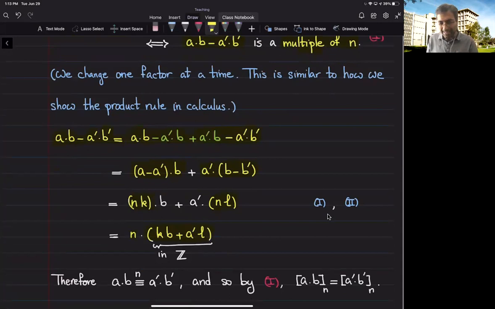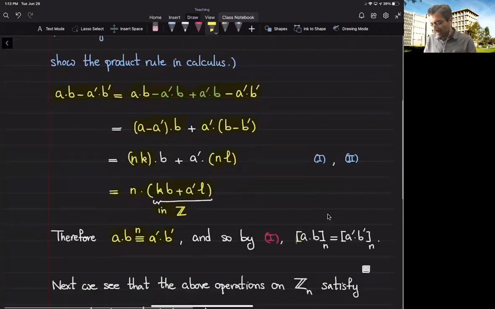So altogether, I end up getting that AB minus A prime B prime is an integer multiple of n, which means AB is congruent to A prime times B prime modulo n. That's exactly what we needed to show. That shows that the mod n residue class of AB is equal to the mod n residue class of A prime B prime.